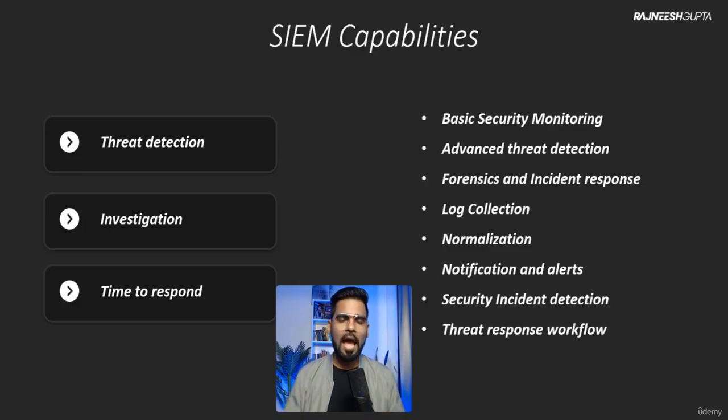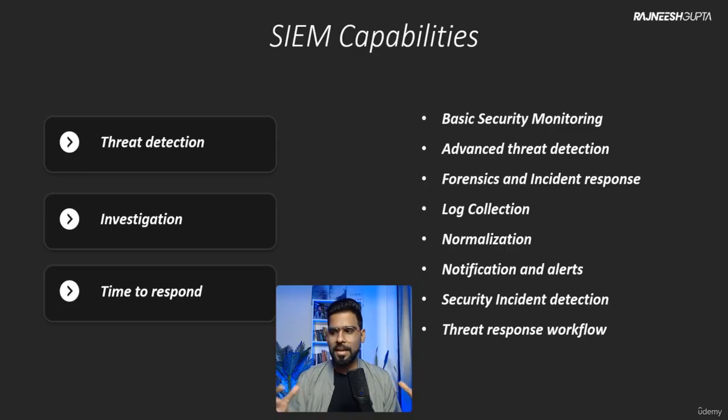What really happens is that SIEM is not really that intelligent in terms of detecting a threat. It has to depend on the security appliances we have in the network, like firewalls, antivirus, endpoint protection tools, and email security tools. They detect the threats, but they send logs to the SIEM about every activity that happens.